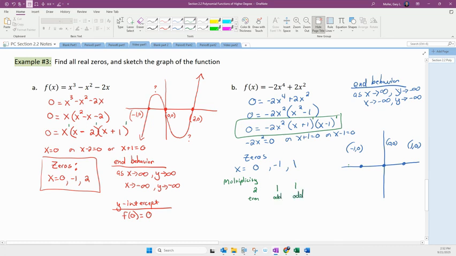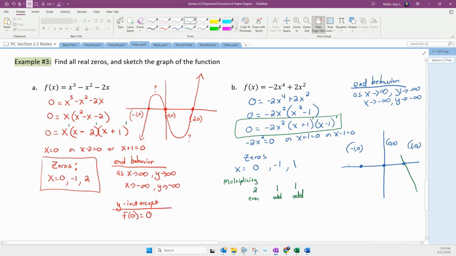So basically, at each 0, it's going to behave just like the basic polynomial. For example, x to the first power is linear, and so at this 0, it's acting very linear, meaning we're coming from below and we just pass right through.